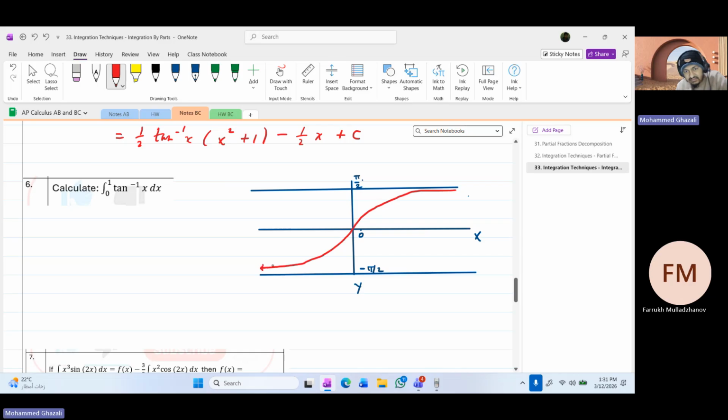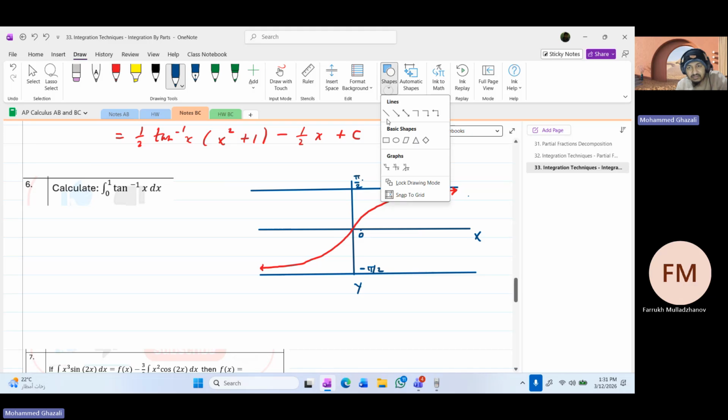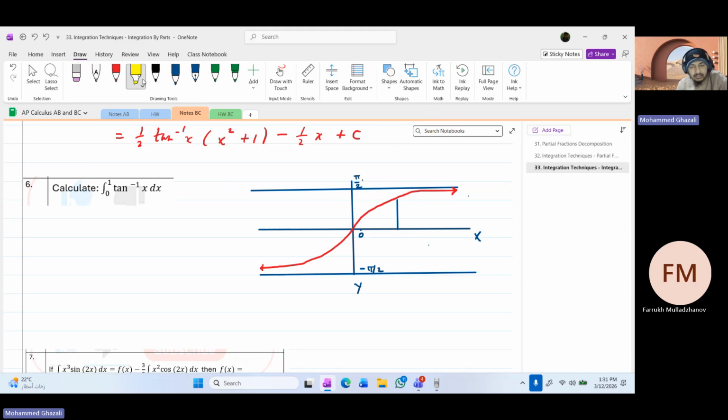If you go to inverse functions, you'll find it there. You are trying to find the area between 0 and 1, so you're finding the area of this. Obviously, you need to get some form of an answer.